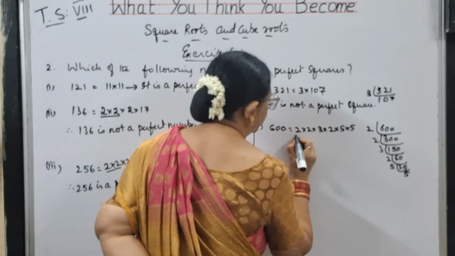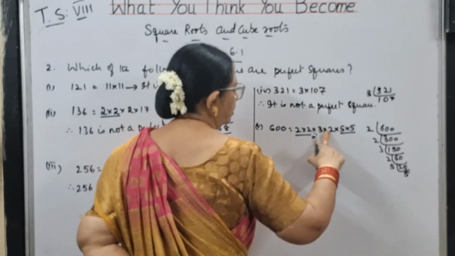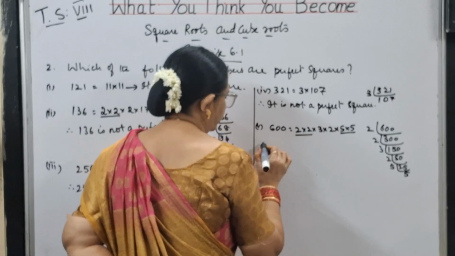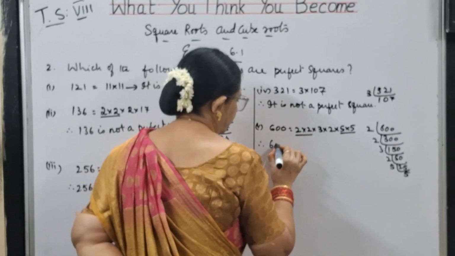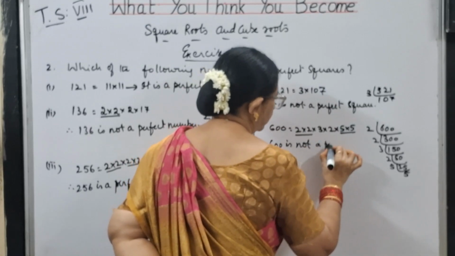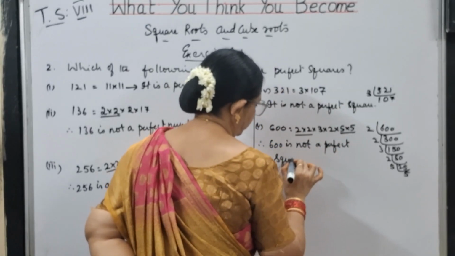So here these two can be made as one group, these two can be made as one group. But what about these two? There are no pairs for it. So you cannot write it as a perfect square. Therefore, you will say that 600 is not a perfect square.